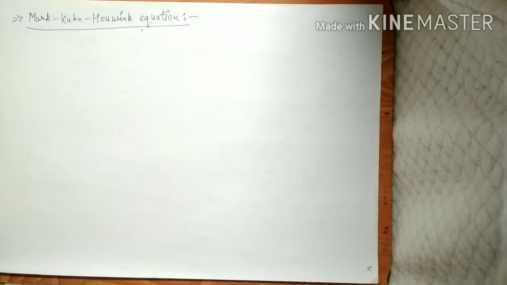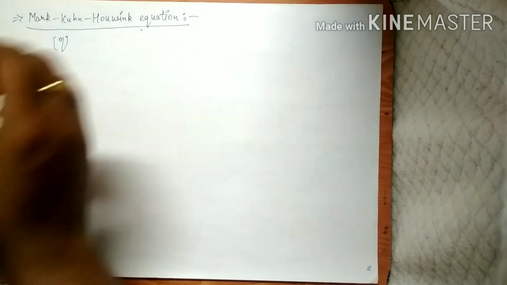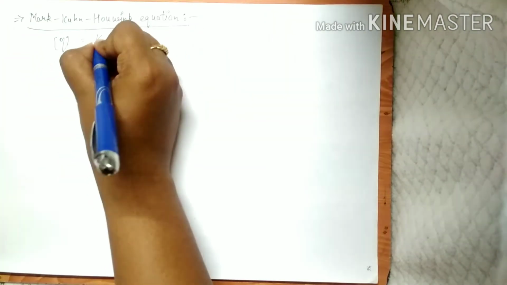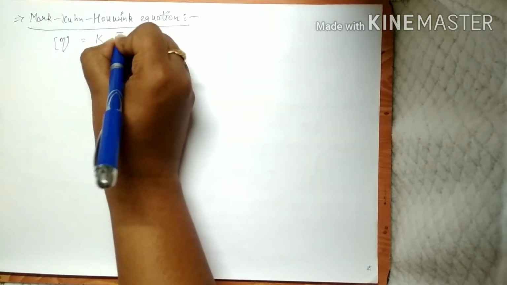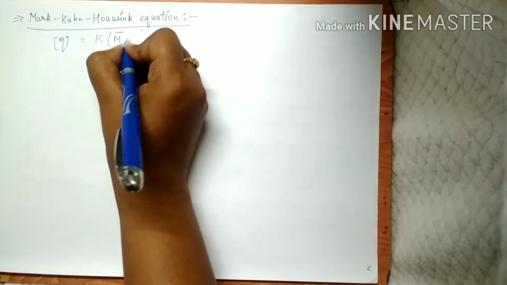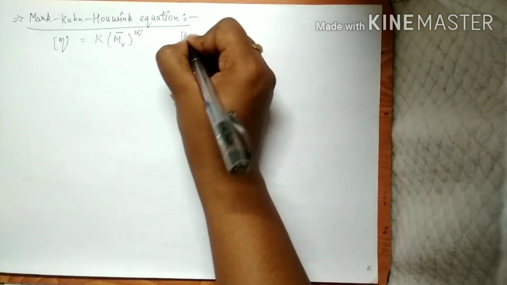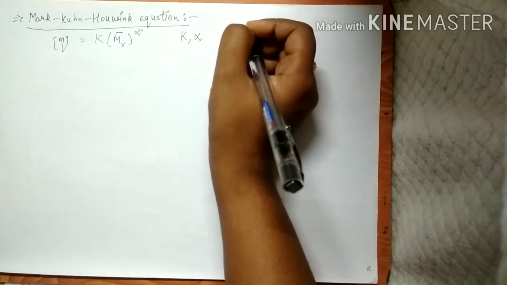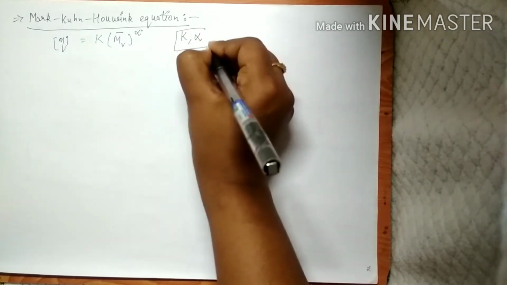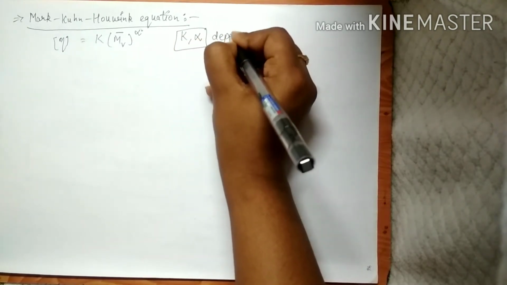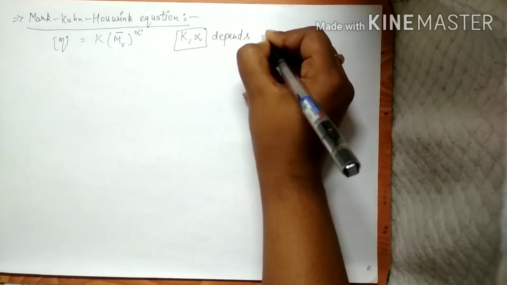Right, the formula is intrinsic viscosity is equal to K into Mv bar to the power alpha. Now you know what is Mv bar. Here your K and alpha are constants, and both of them, this is very important, they depend on three factors.